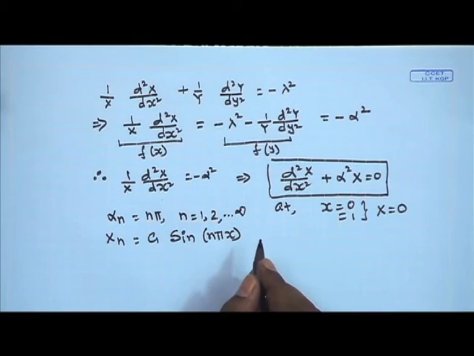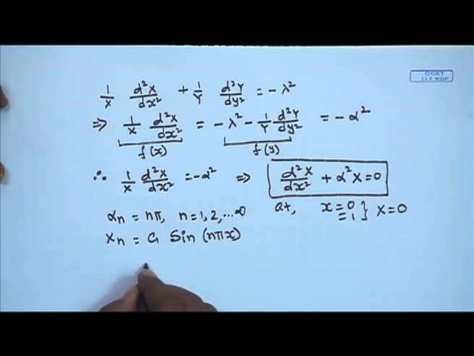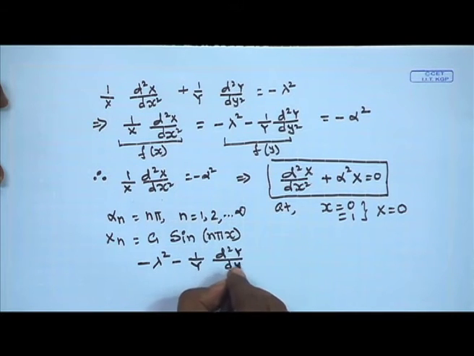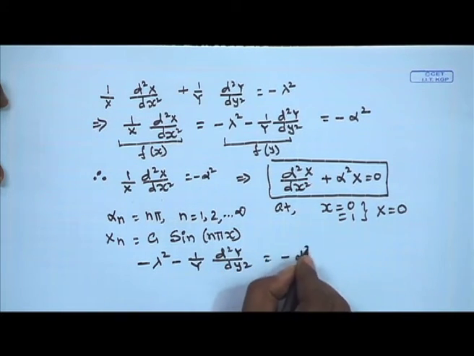Now, let us turn back our attention to the y varying part and see how it looks. So, minus lambda square minus 1 over Y d square Y dy square is equal to minus alpha square.